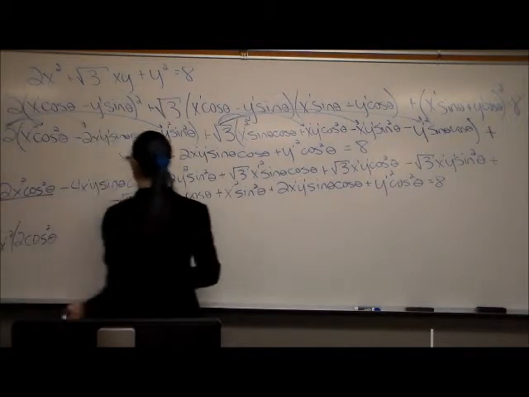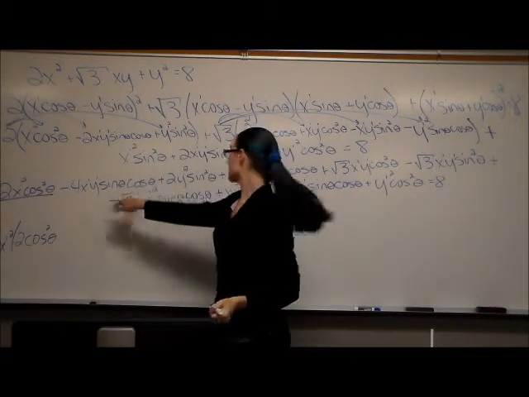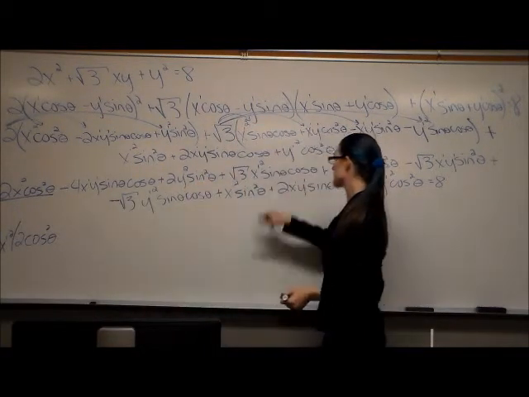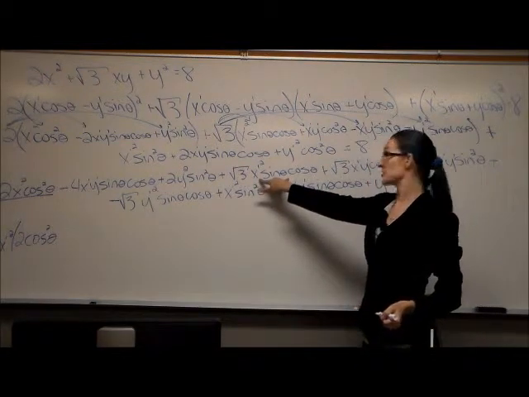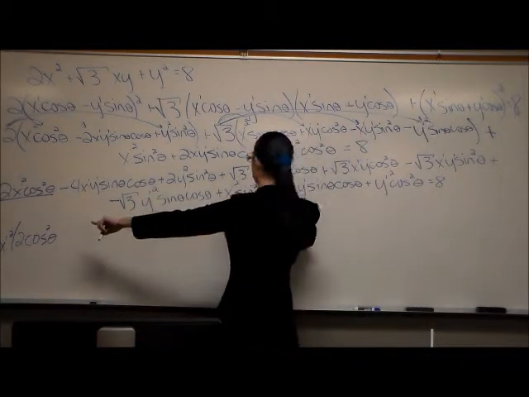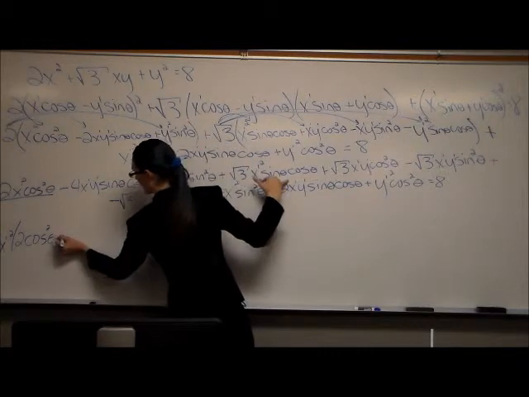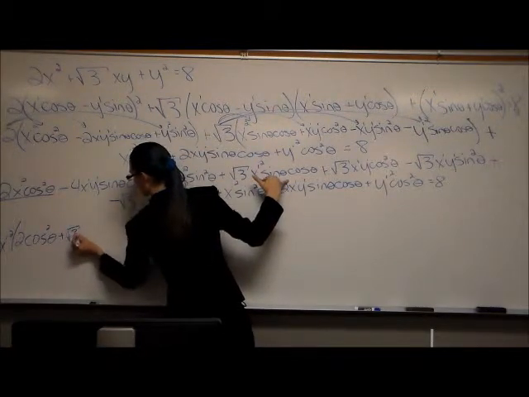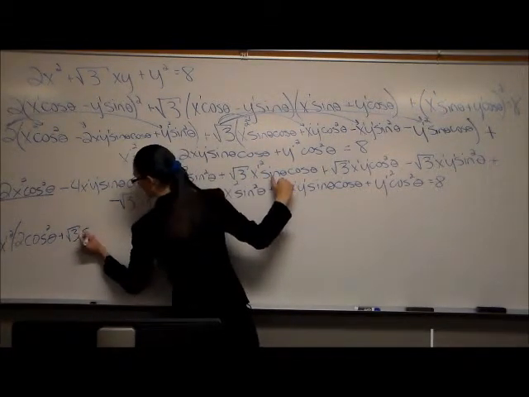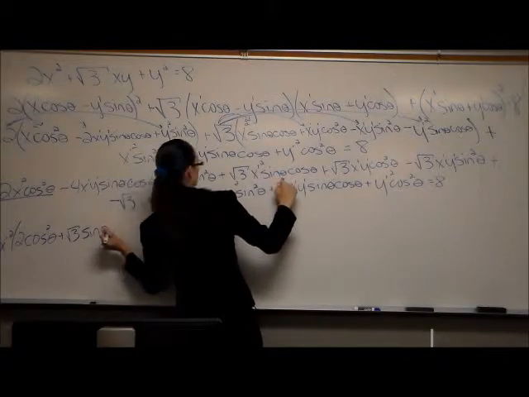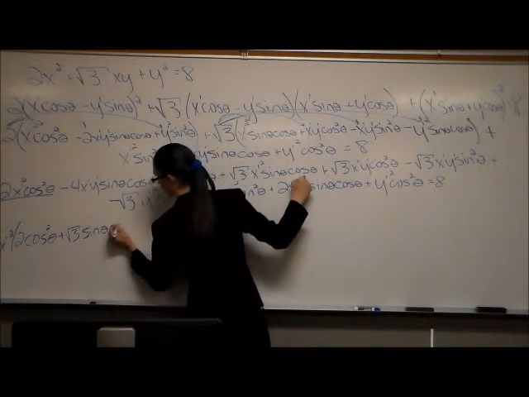All right, so I've dealt with that one. Does not have an x prime squared. This one has an x prime squared, so my x prime squared is on the outside of the parentheses, plus the square root of 3 sine of theta cosine of theta.